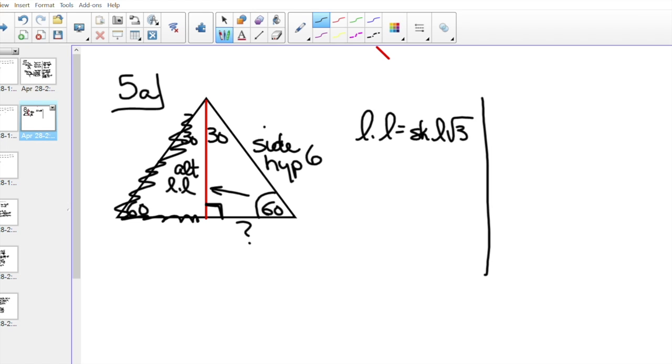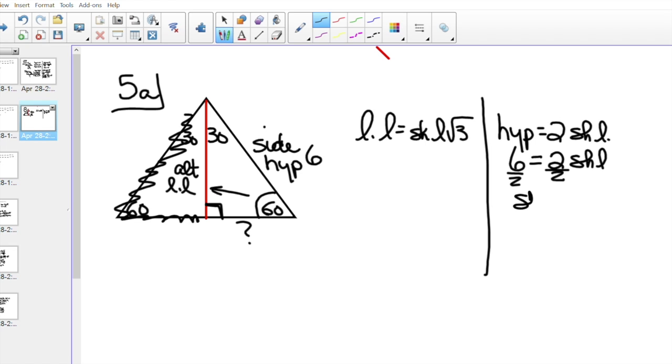Now the hypotenuse says 2 times the shorter leg. Now we're trying to find the longer leg. Now the hypotenuse is 6 equals 2 times the shorter leg, divided by 2.